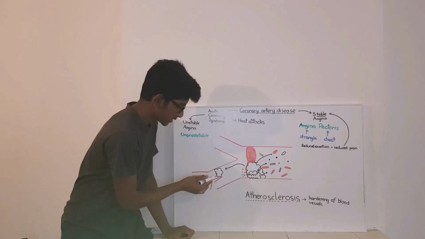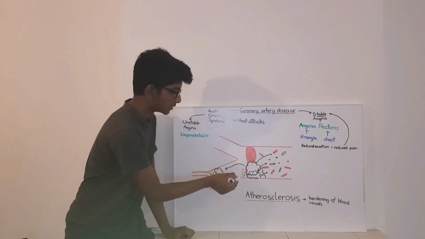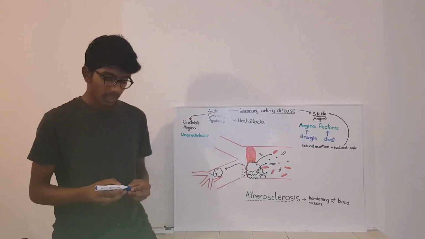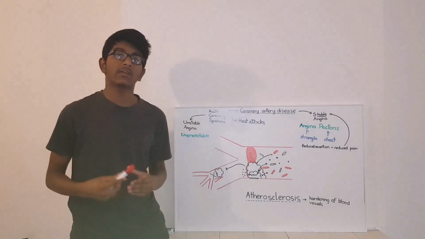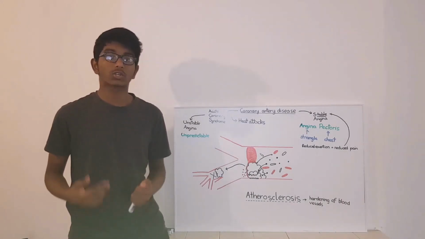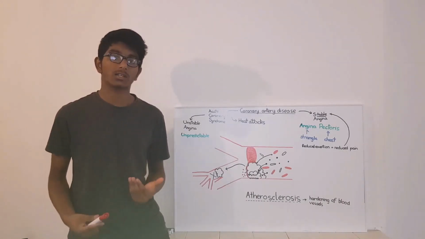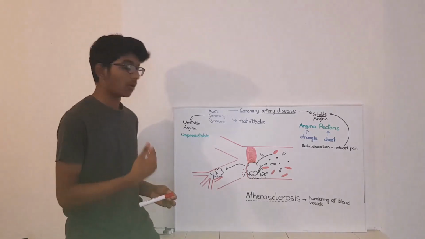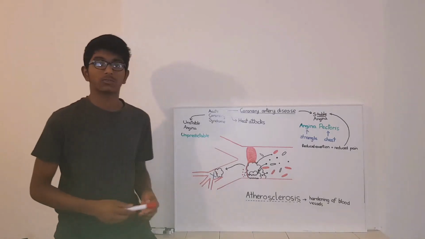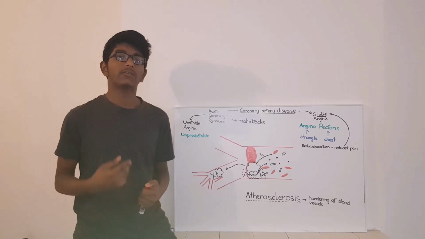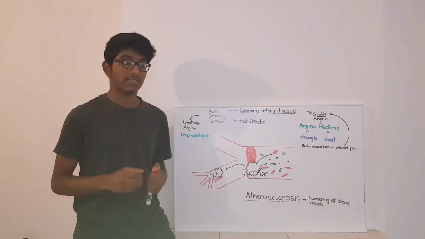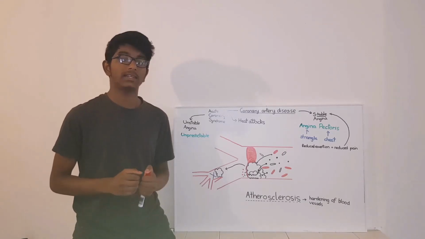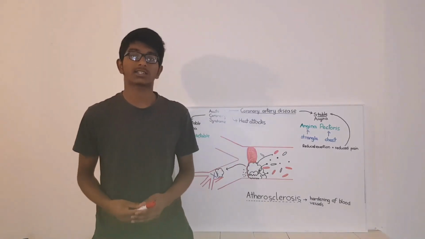So in this case, you blocked off this entire blood vessel, and in this case, you blocked off this whole artery. And you end up with something known as a heart attack. And this is serious because you completely blocked off the blood supply to a part of the heart. So this part of the heart that the blood vessel is going to will die. And if you don't get yourself to hospital within 20 minutes, then that part of the heart is going to permanently die. And that's what a heart attack is.